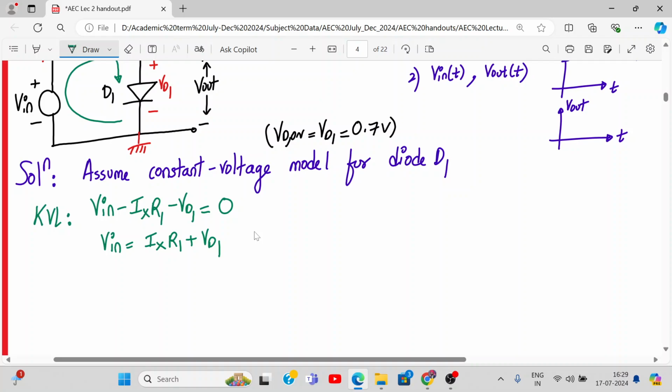Yes or no? So here we can write: for input voltages less than VD on, or less than VD1, can I say current Ix is 0? Whenever input is less than VD1, my current Ix is 0. So diode D1 is off. Yes or no?